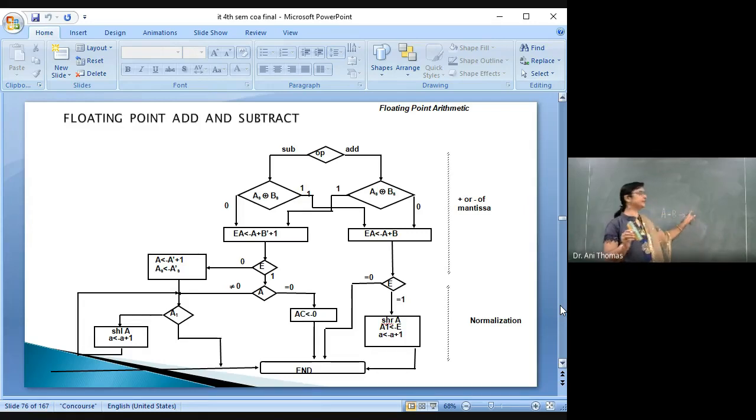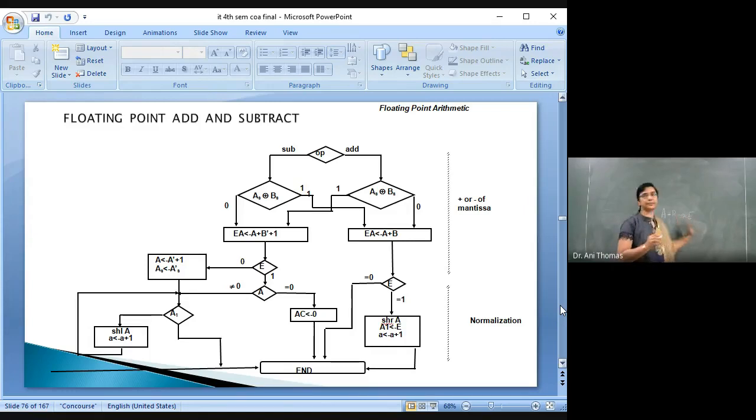Just discard the carry and store the result in AC as it is. But if there is no carry in the case of subtraction, E is 0, then we have to take the 2's complement of the result, store that 2's complement, and negate. We have to add a minus operator before the result.